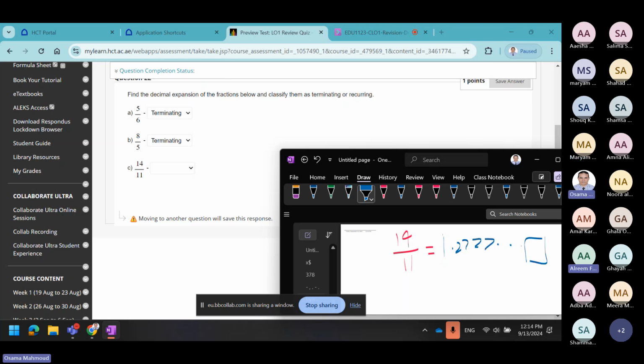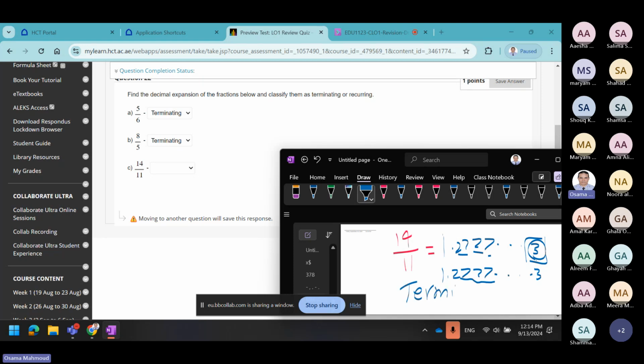But it looks recurring. At the end here you have 3, right? So this is repeated, yes, but at the end you have something different. So this is not recurring. You have 1.272727, all of this, but at the end you have 3, right? So this is terminating.